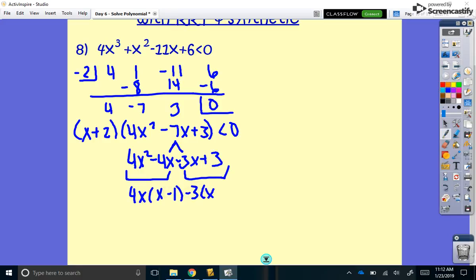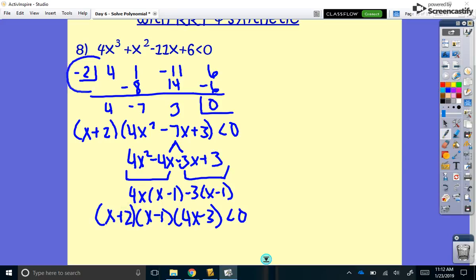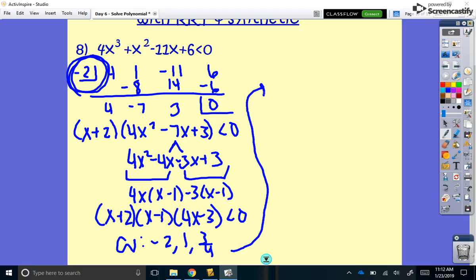Here I can take out a minus 3 and I have x minus 1. So that trinomial factors to x minus 1, 4x minus 3. Don't forget about the x plus 2, which came from my calculator. So my critical values are negative 2, 1, and 3/4. And then the rest of the problem is the same as what we've been doing.